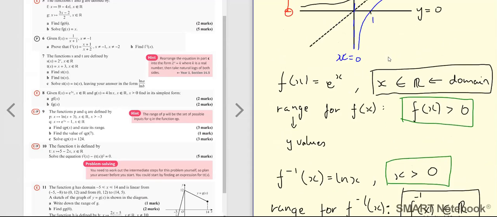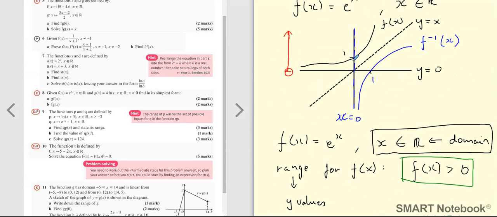The y values for the original became the x values, the domain, for the inverse. Maybe this is how you might remember it. Because if we write this as a coordinate 0, 1, this now became 1, 0.